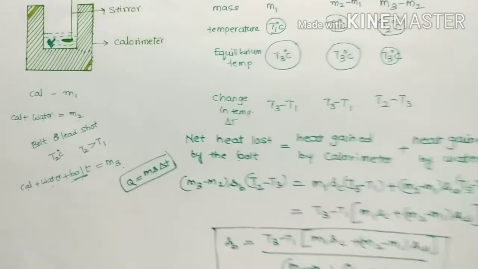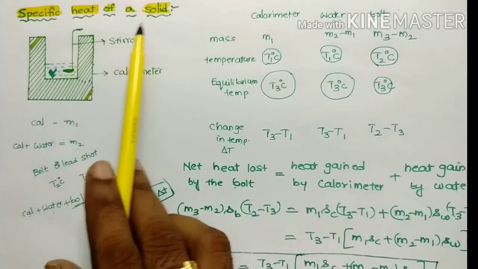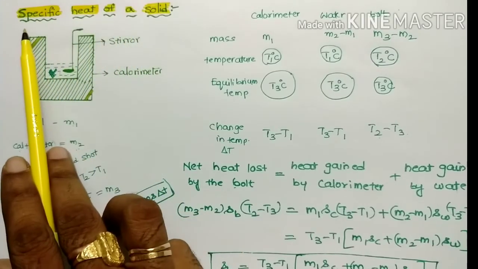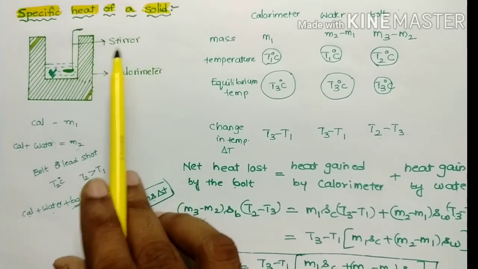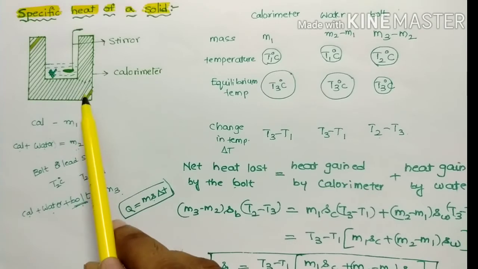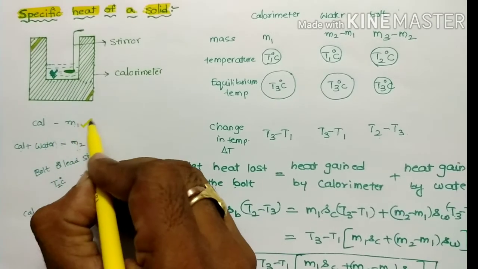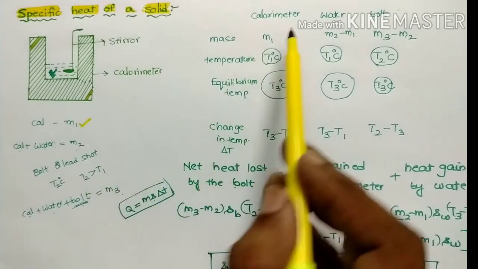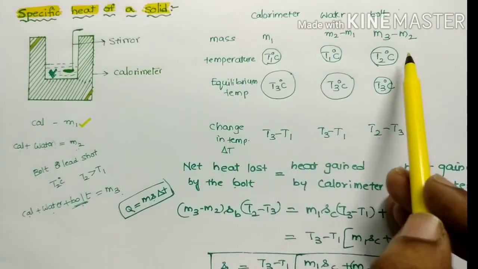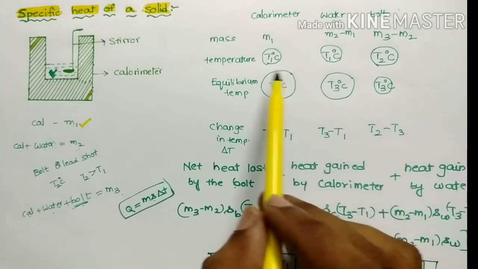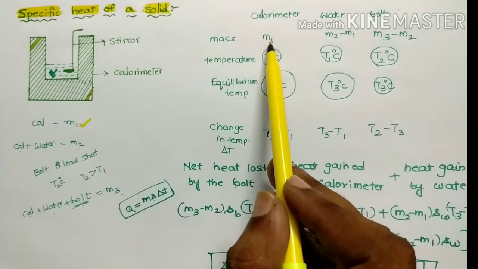So what we have studied in this class is the specific heat of a solid. To find it, we consider one calorimeter along with a stirrer and find the mass of the calorimeter, M1, noting the values in a tabular form for simplicity.